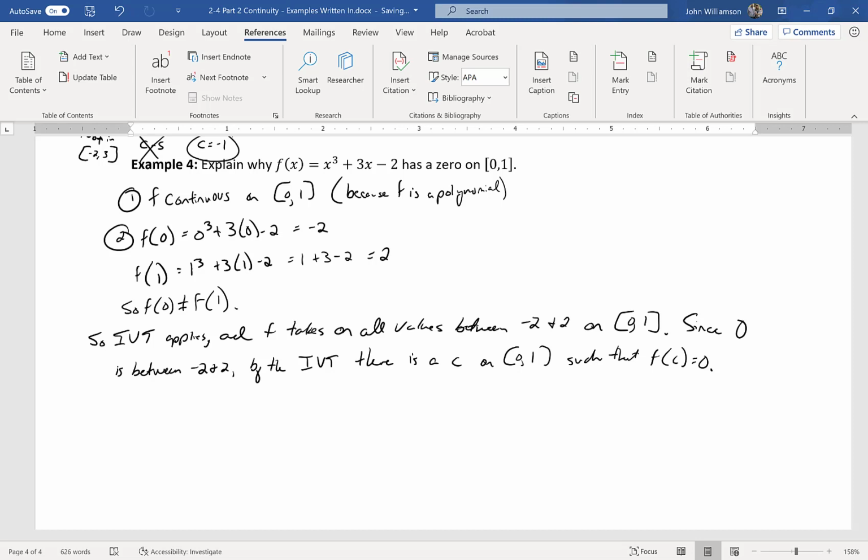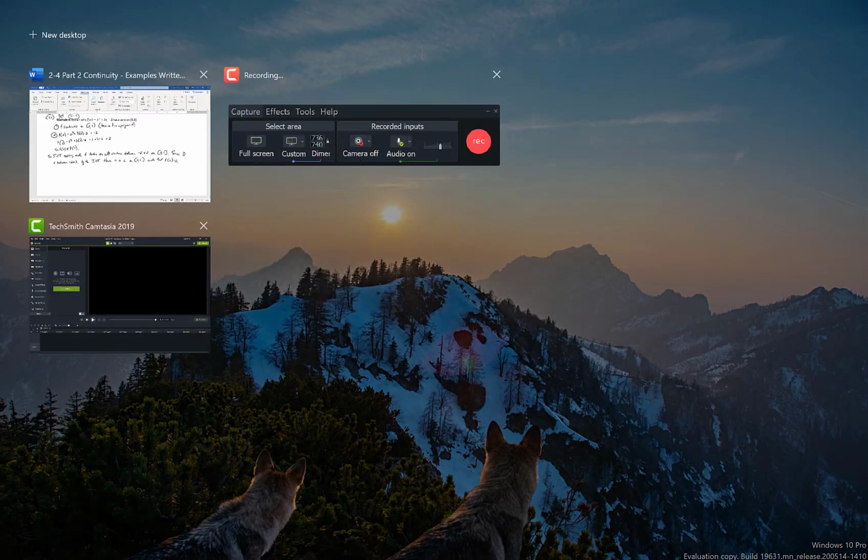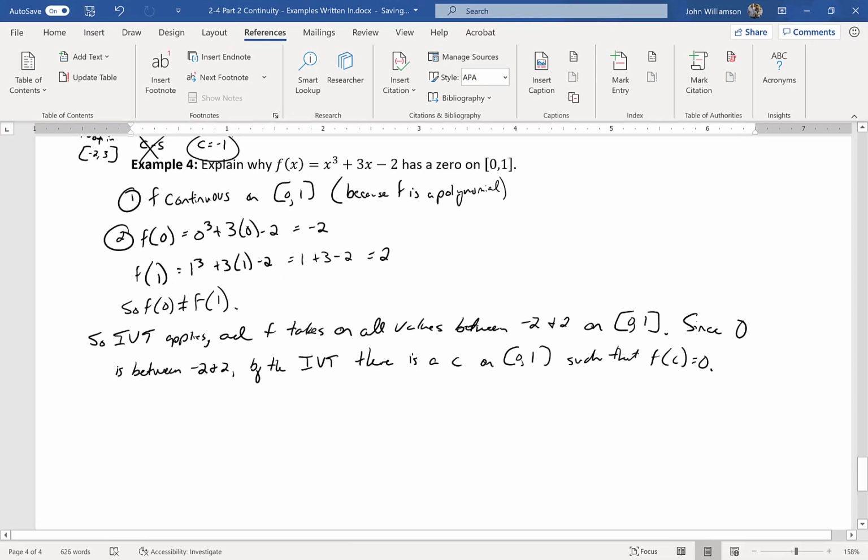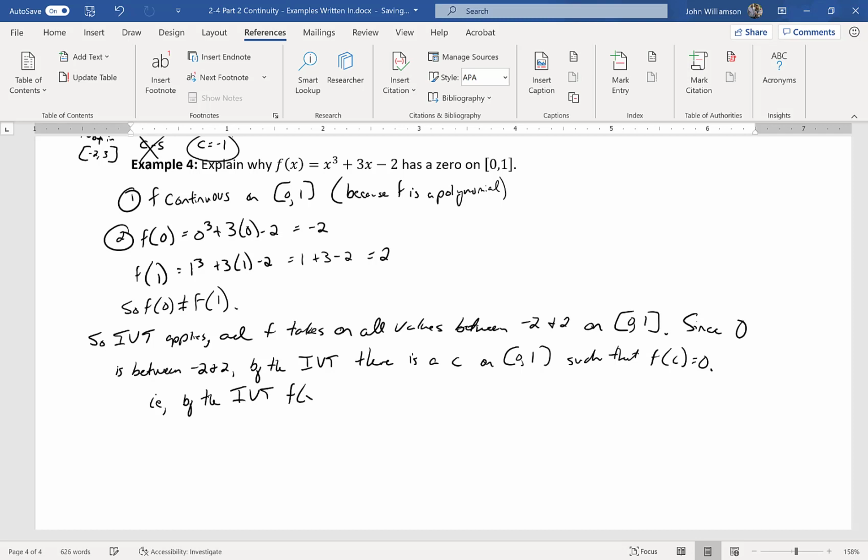Or in other words, f has a 0 on 0 to 1. So by the intermediate value theorem, f of x equaling x cubed plus 3x minus 2 has a 0 on 0 to 1.